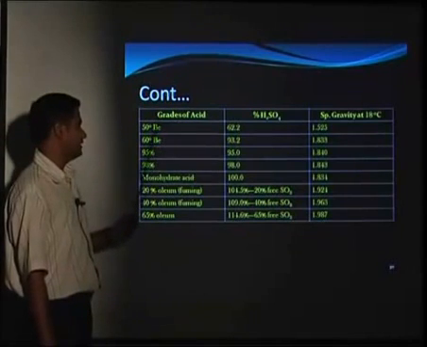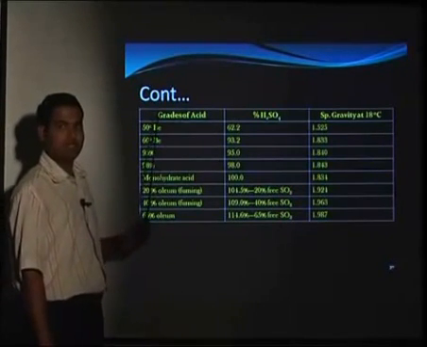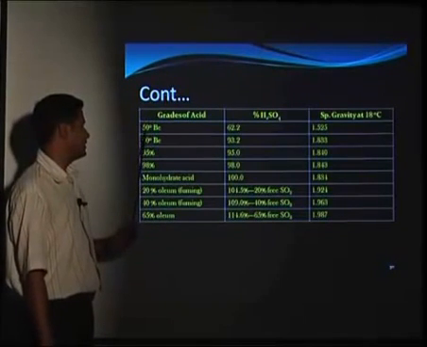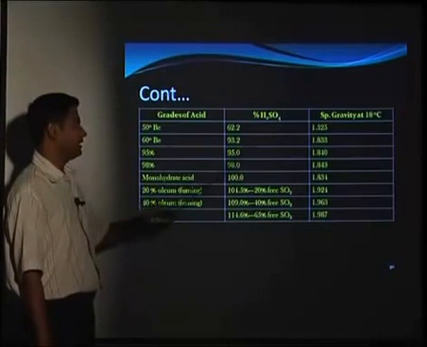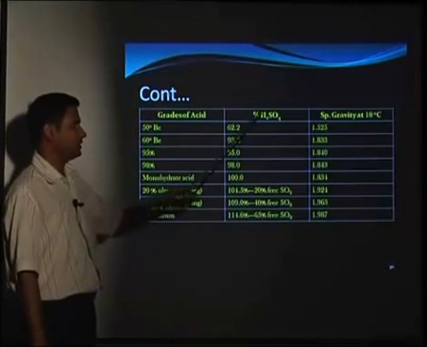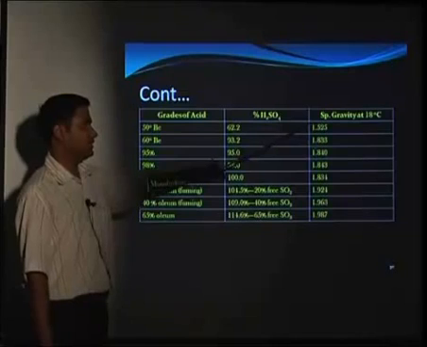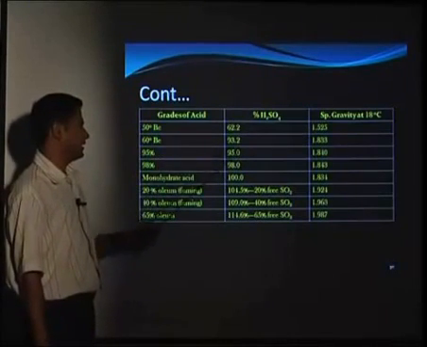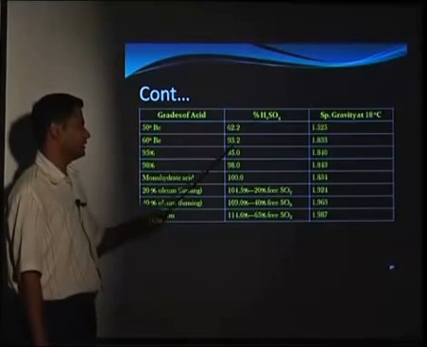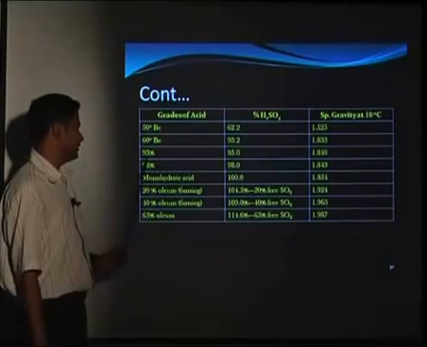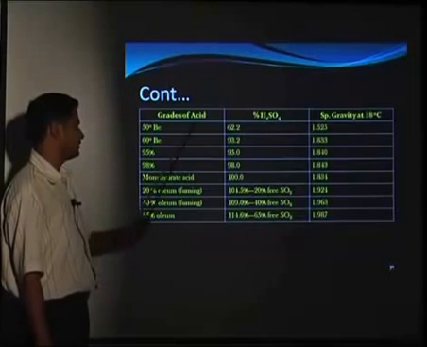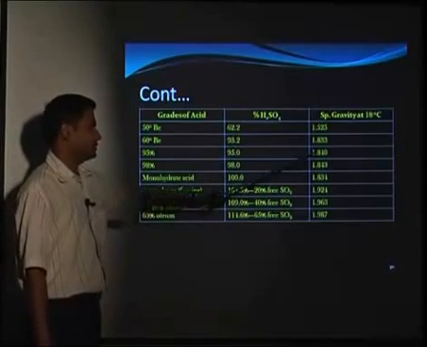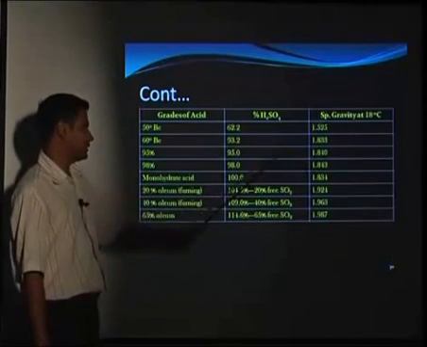If we see the grades of acid, generally the concentration of sulfuric acid was earlier given in Baumé. So 50 degrees Baumé contains 62.2% sulfuric acid, and the specific gravity at 18 degrees Celsius is 1.525. For 60 degrees Baumé, the percentage of sulfuric acid is 93.5. The 95% and 98% grades of sulfuric acid have 95 and 98 percent sulfuric acid, and specific gravity 1.84 and 1.843 respectively.